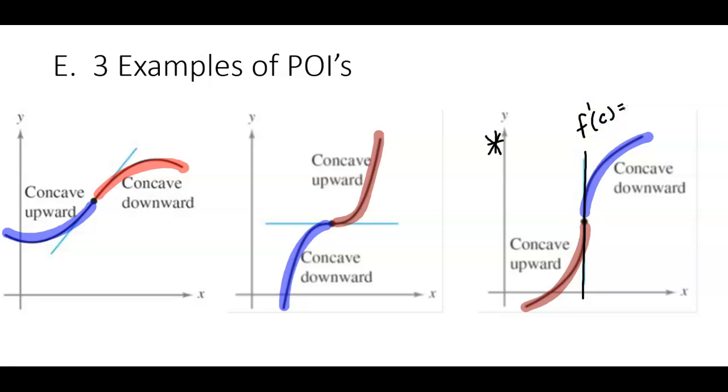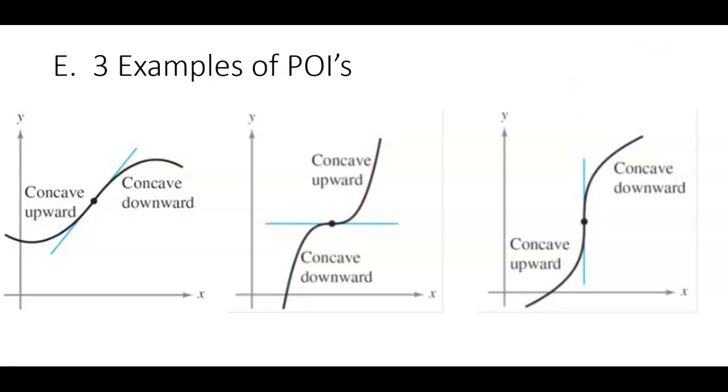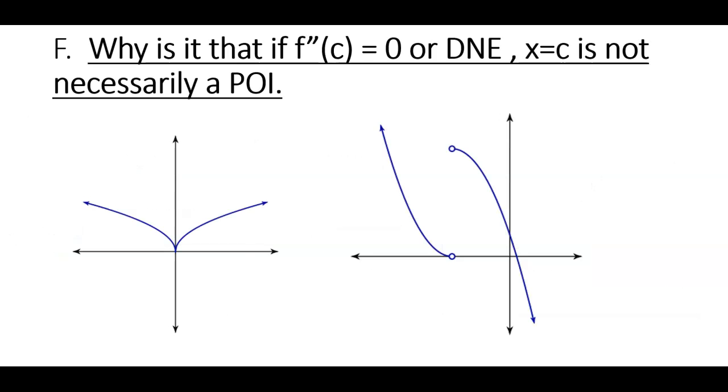Well, since it's a vertical tangent line, it's undefined. And if your first derivative is undefined at that point, then you can't take the second derivative of it and all of a sudden get an answer. It's also going to be undefined at that point. So that is a case where you can have a point of inflection where the second derivative doesn't equal 0. Instead, the second derivative is undefined.